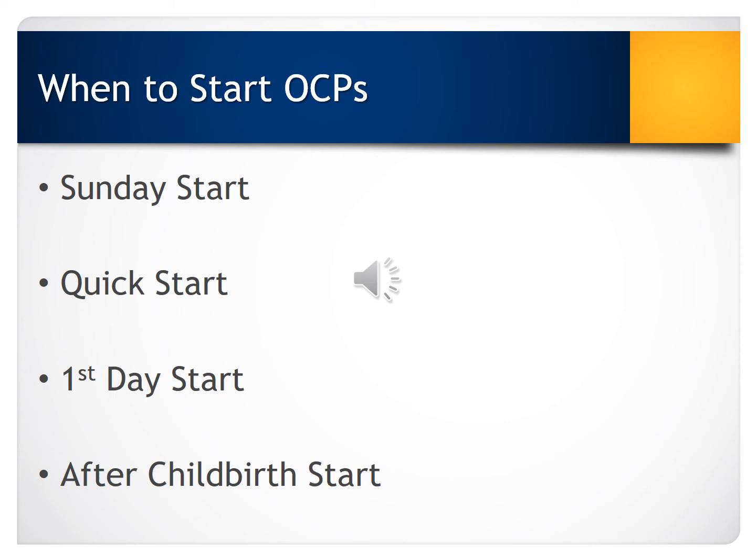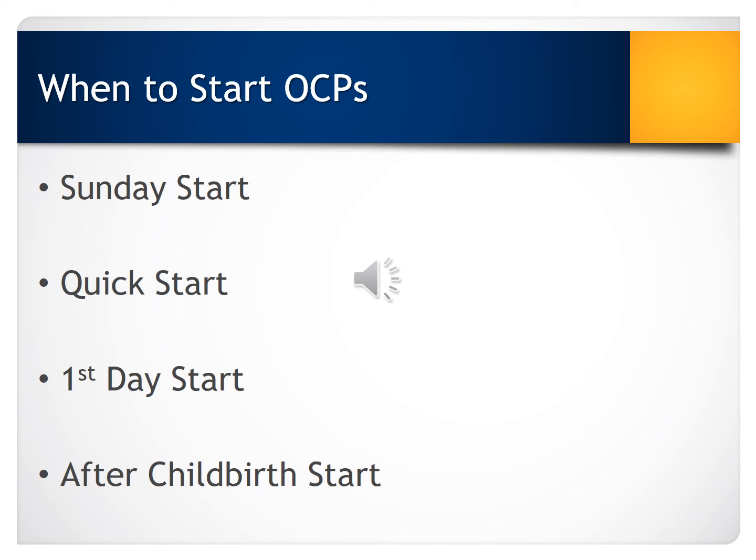A woman would be instructed to start her pack of pills the next Sunday. Then there's the quick start, meaning if a woman comes in and she has a negative pregnancy test, she has not been sexually active, and there's very decreased risk of her being pregnant, then she can start the pill pack the same day she gets her script.